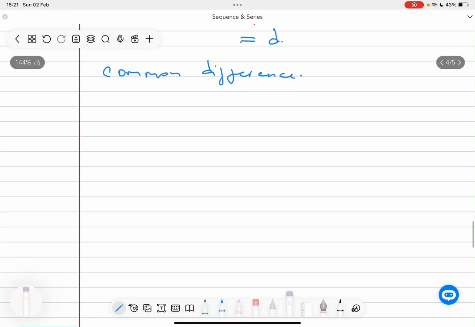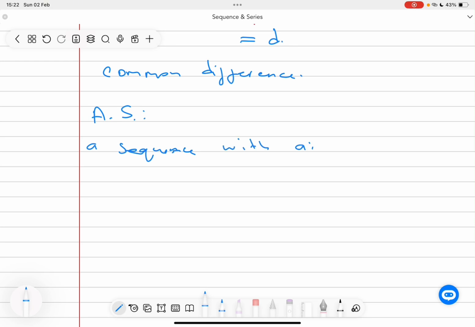Now, in conclusion, we will then say that an arithmetic sequence is a sequence with the following properties. One would say that it has a common difference.